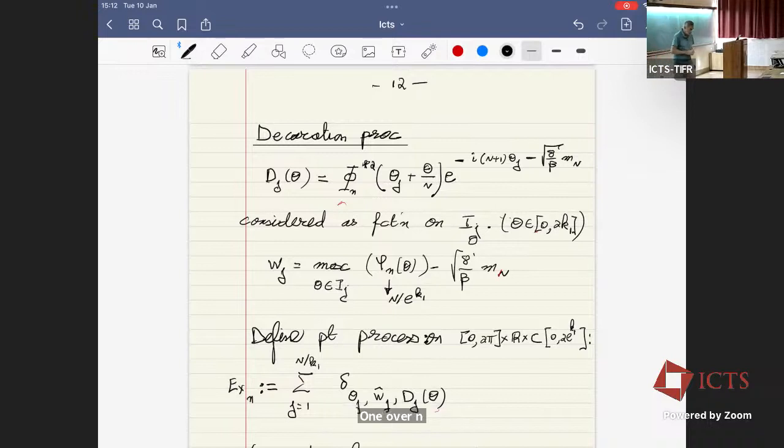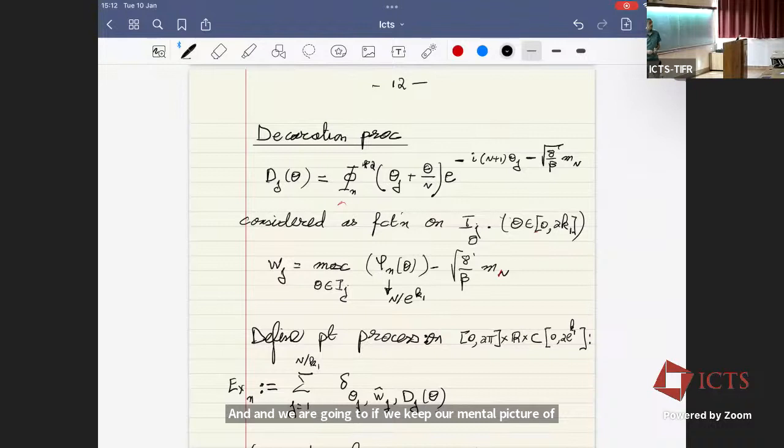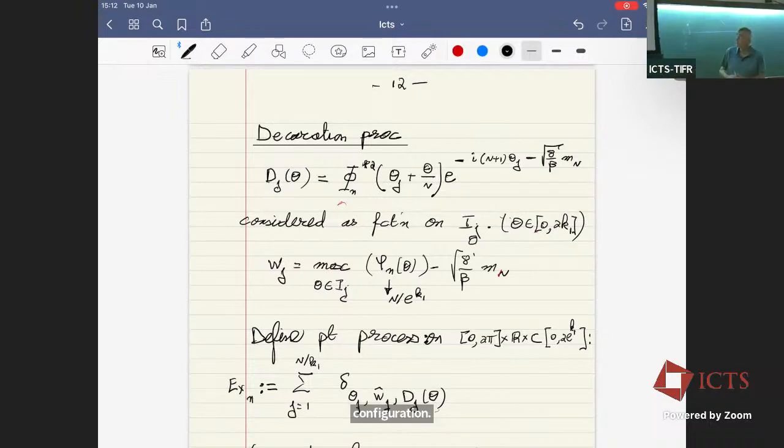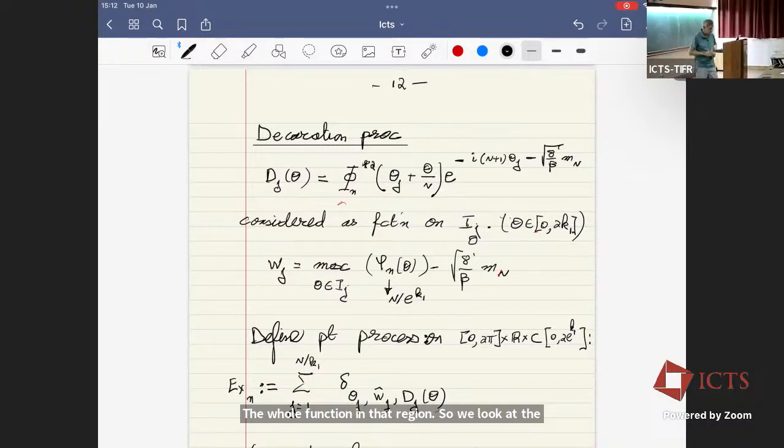And if we keep our mental picture of the tree, this corresponds to a certain splitting point higher up here. And we are going to keep track of the whole configuration, the whole function in that region. So we look at the value of the function somewhere here, and we add to it this kind of decoration process.